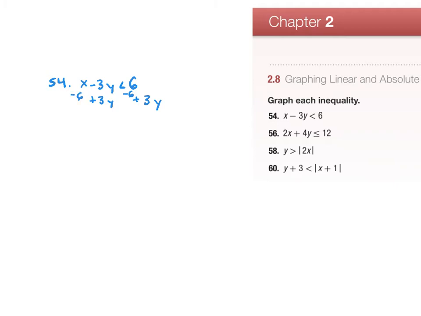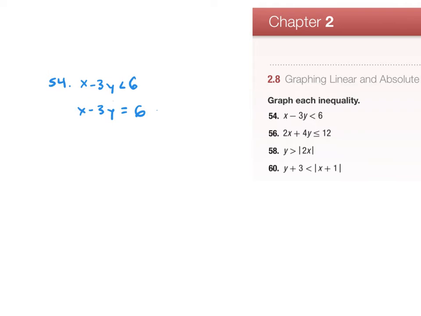So I have x minus 6. Actually, the best thing to do here, we change our inequality to equals because we're just solving what this line looks like. So we change it to x minus 3y is equal to 6. And then we want this to be y equals.